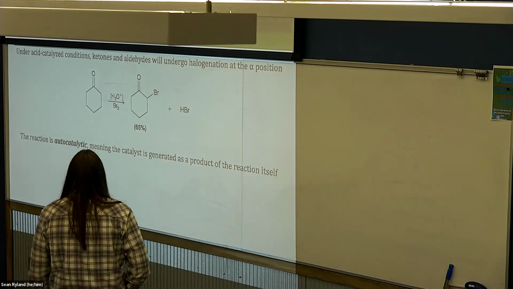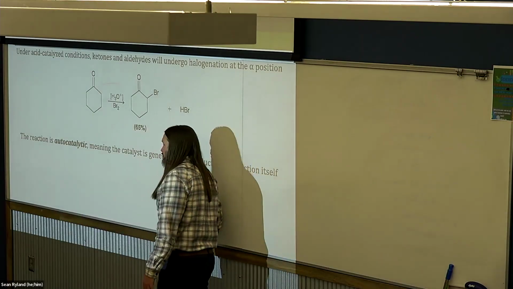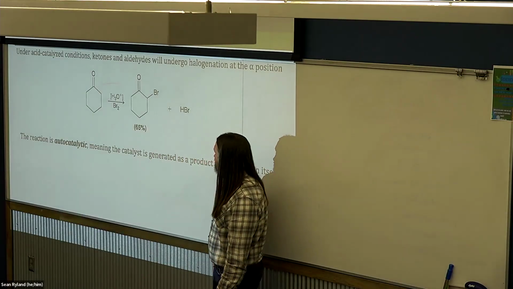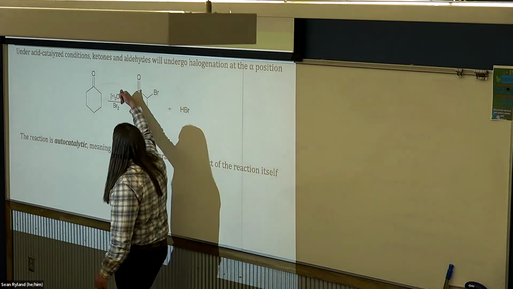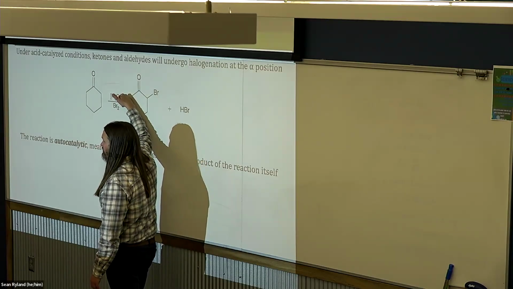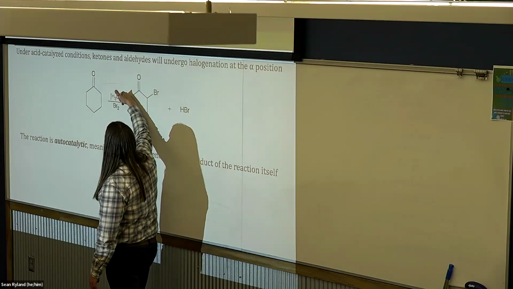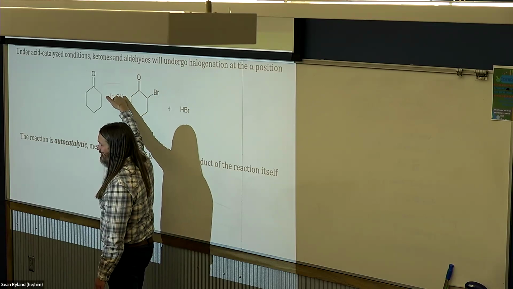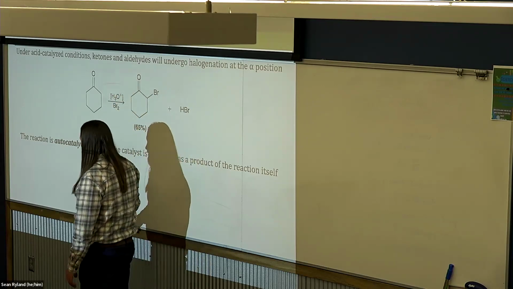All right, so this is also one of the first cases of what's called an autocatalytic reaction. We needed acidic conditions for this to start, right? So the acid really is a catalyst here. It's acting just to get things going.